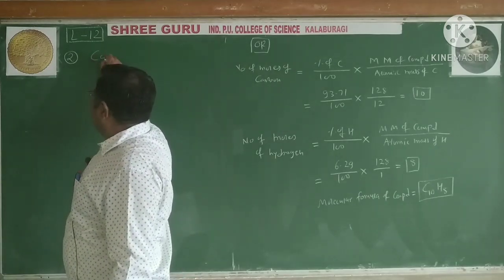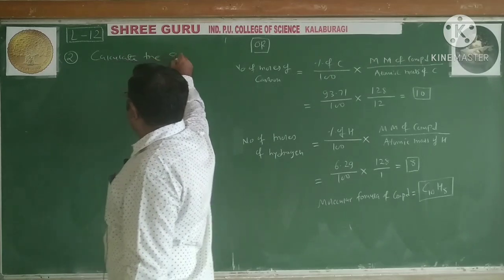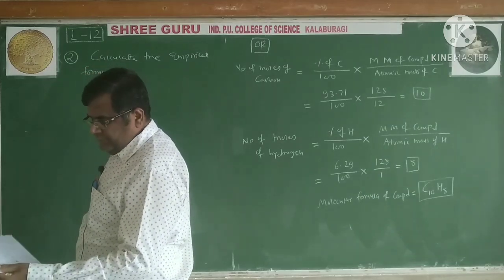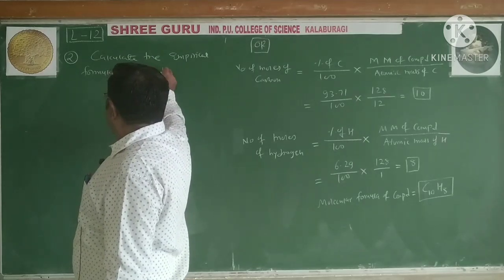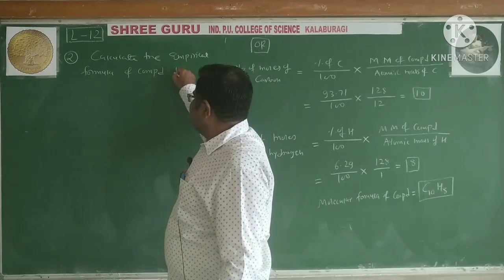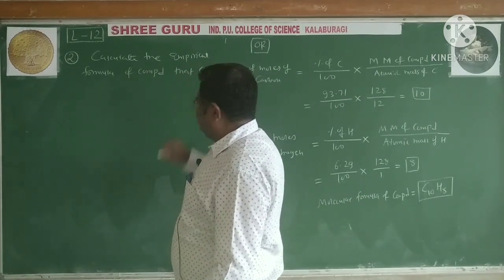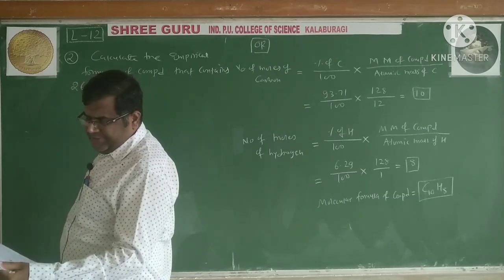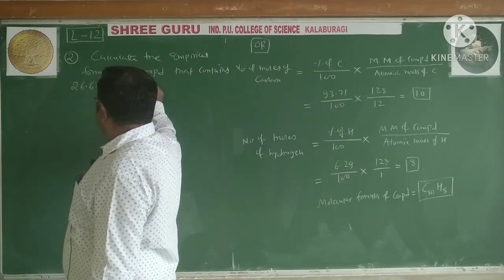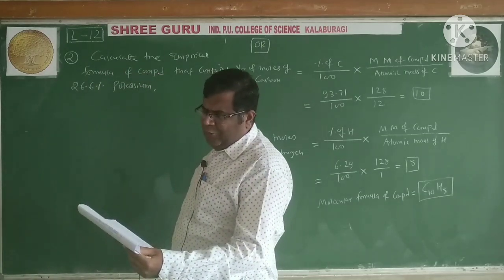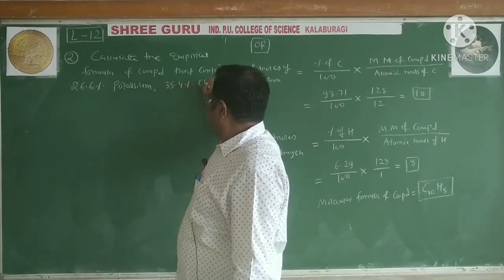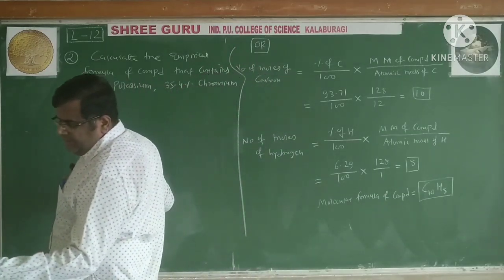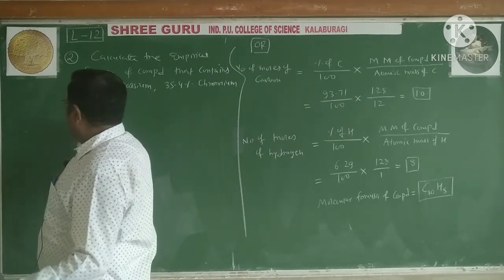Calculate the empirical formula of a compound that contains 26.6% potassium, 35.4% chromium, and 38.1% oxygen. They ask only empirical.